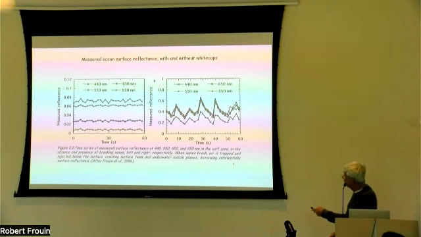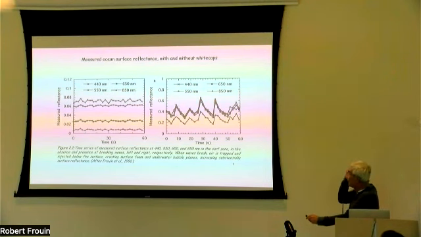We had a very simple 4-channel radiometer, collecting data as a function of time. And you can see these peaks here, with reflectance that can reach 0.7, 0.8, so it's really reflective when you have these waves that break.